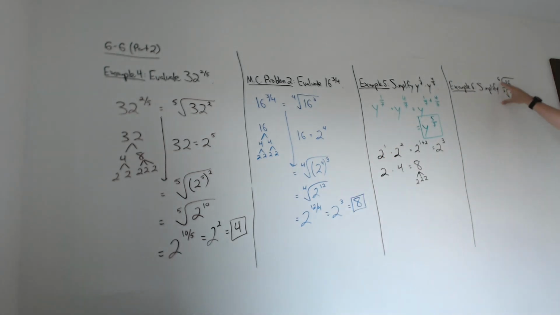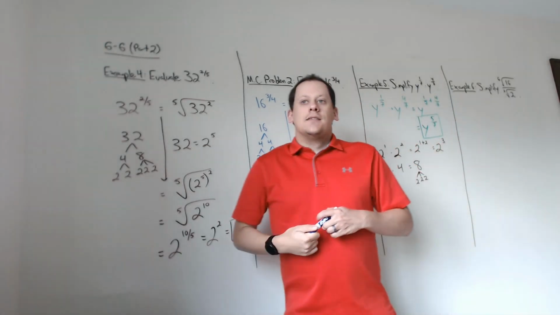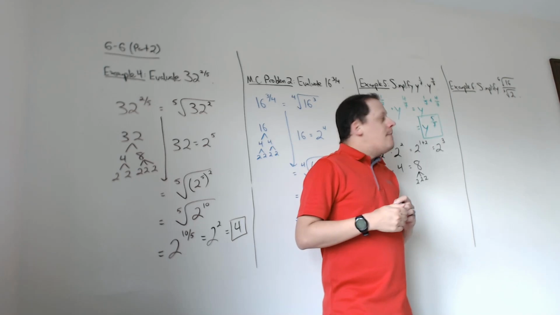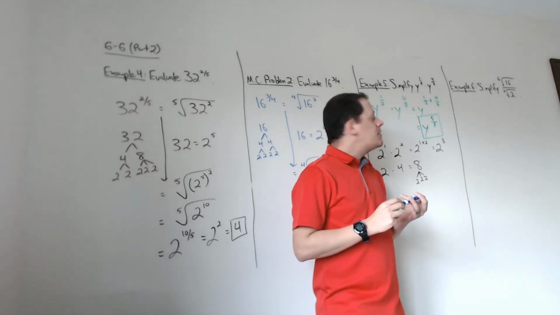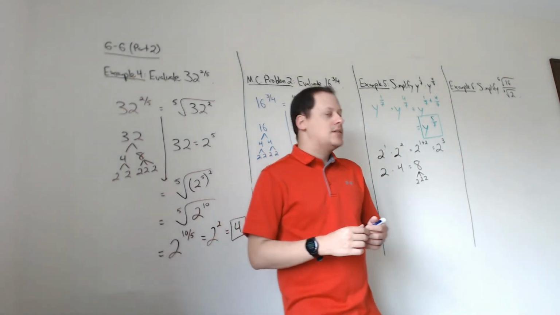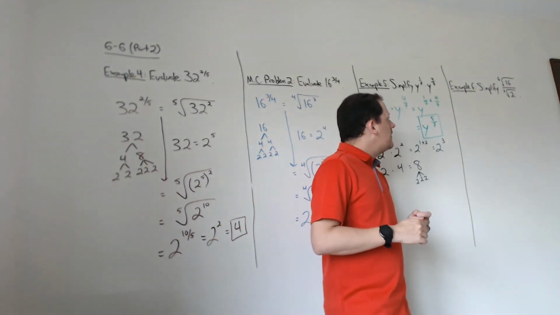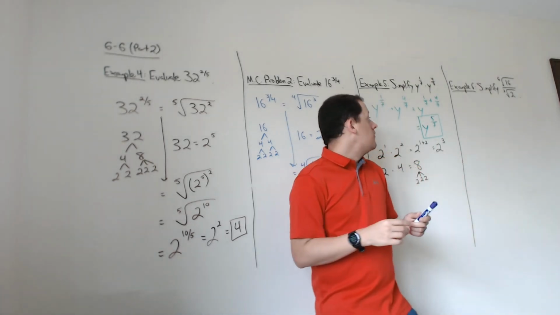So we want to simplify the 6th root of 16 over the cube root of 2. And there are many different ways of approaching this problem. I'm going to show one way. There are other ways that might be easier to get through, but I think this one will make the most sense based on what we've learned here so far.